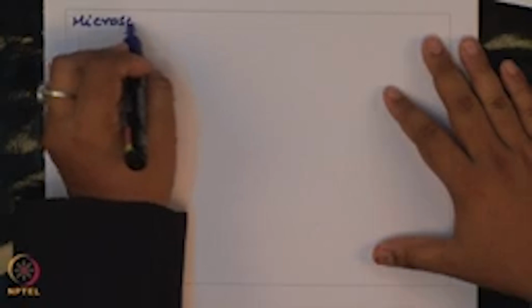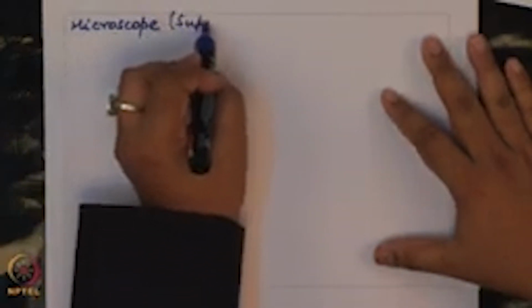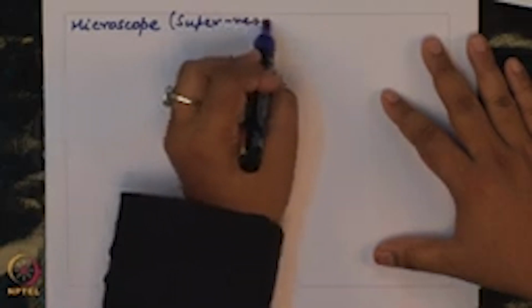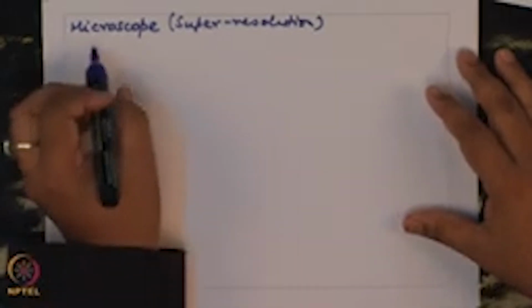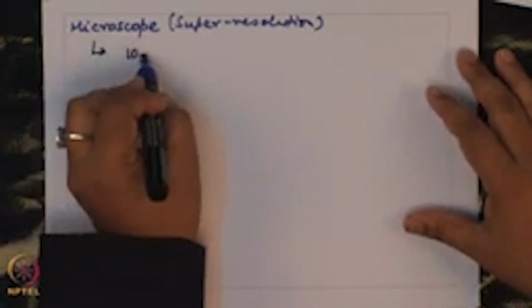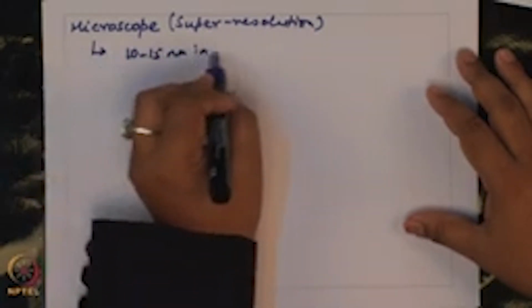So, now let us say you have a super resolution microscope, which means that it can detect differences of 10 to 15 nanometers in the Z direction.